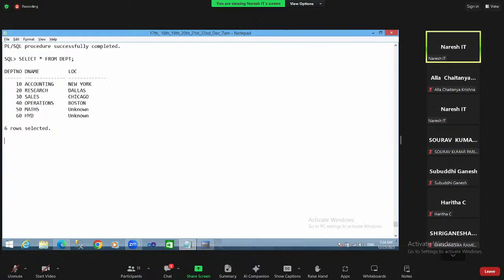Now note, in the above second example, department name taken as Hyderabad and location taken as unknown.